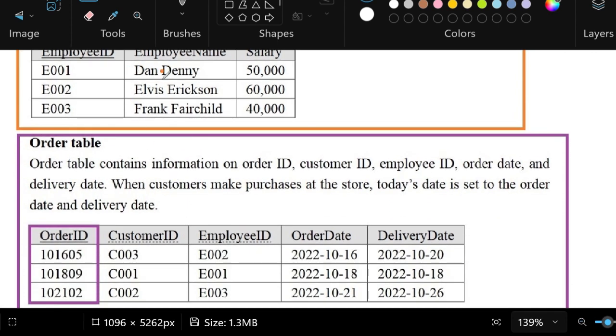So that's why Danny is connected to the order table via his ID, and we know that for this transaction it was Danny who did it.